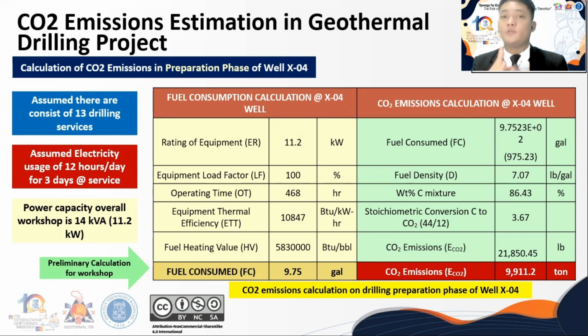The authors assume a common drilling service consisting of 13 services, and for the workshop, the rest service and calibration, it was assumed that for each service, the common electric usage is 12 hours per day for 3 days, and the common electrical power capacity by industry is 14 kVA. With this assumption, the preliminary calculation as shown on the screen is summarized in this table.